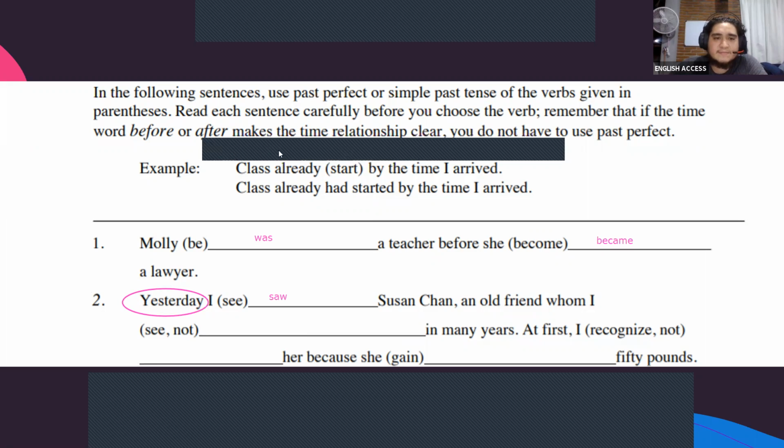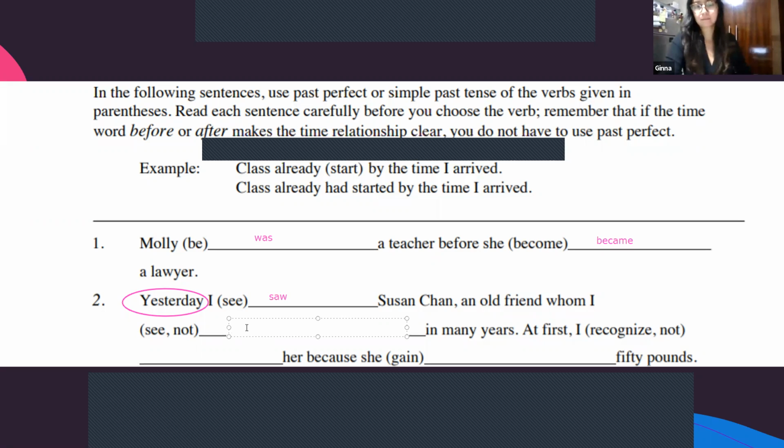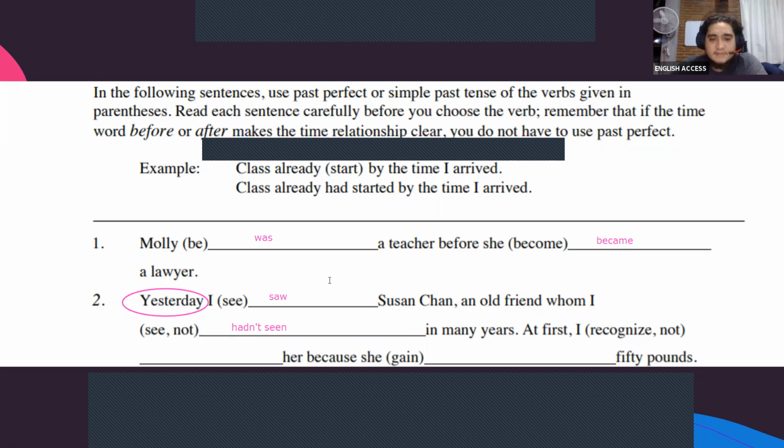Yesterday I saw Susan Chan, an old friend whom I hadn't seen in many years, right? We have here in many years.